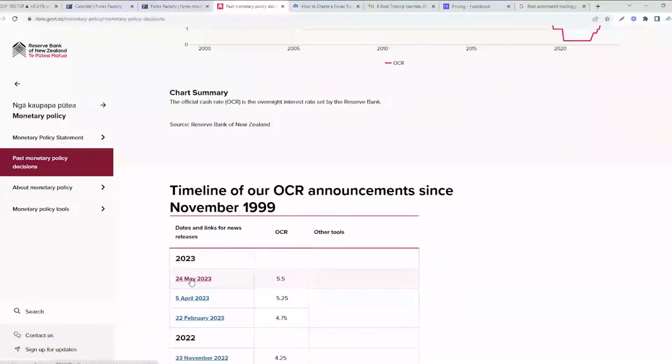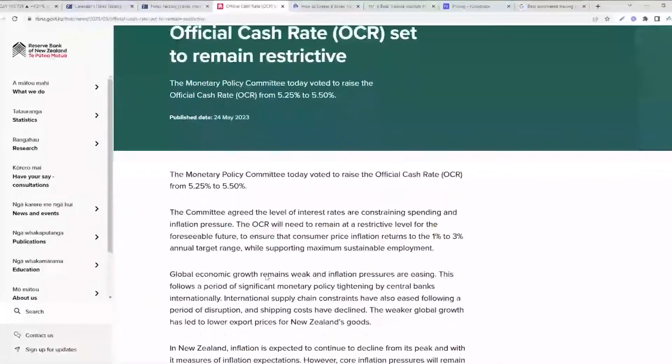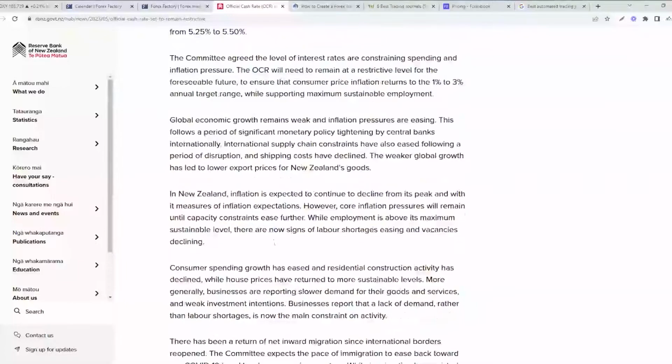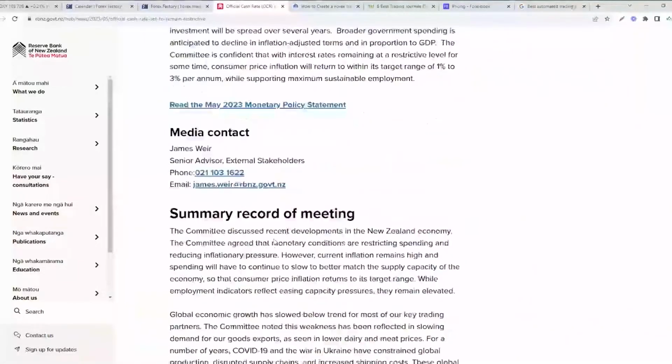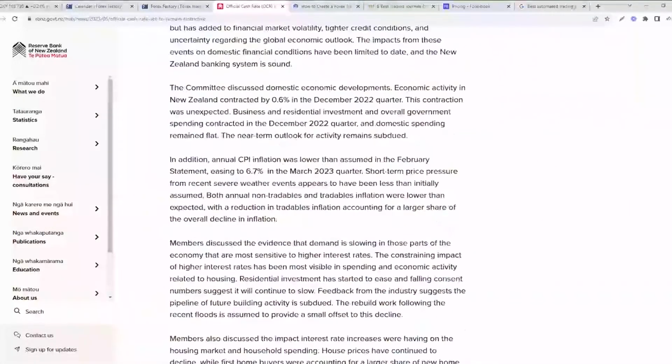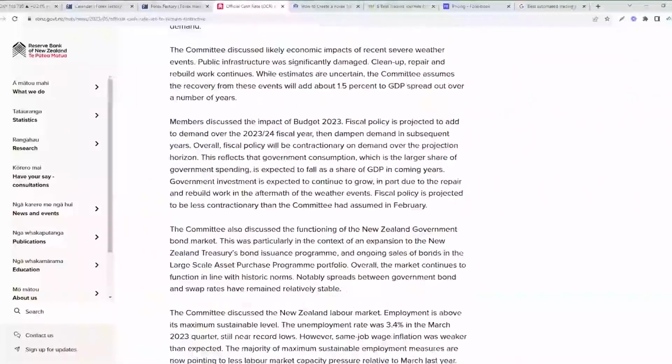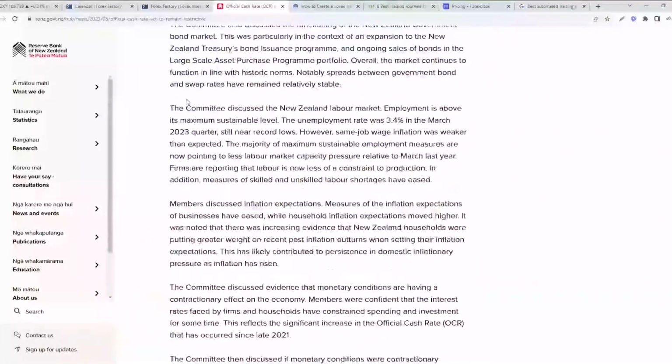So on 24th of May 2023, the official cash rate was raised from 5.25 to 5.5%. And if we click on the date, you are able to read more about what happened during that meeting. That is of course if you wish to do so, right?